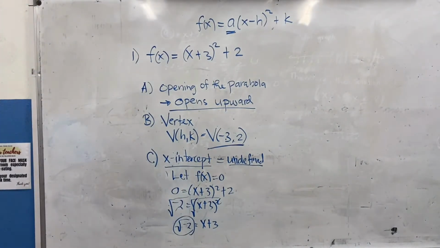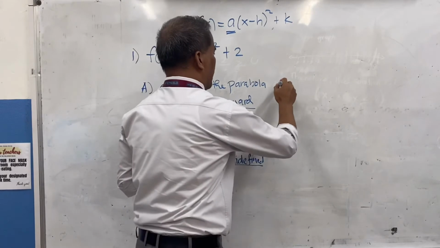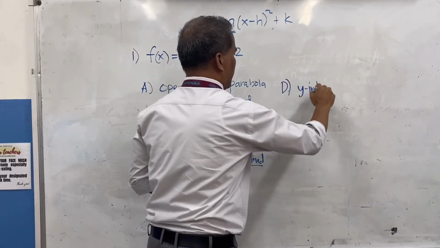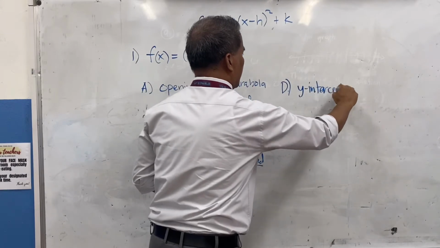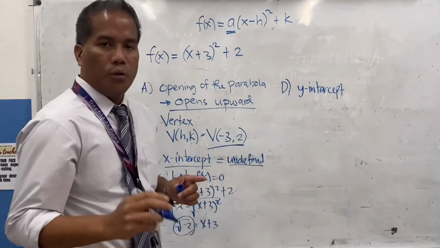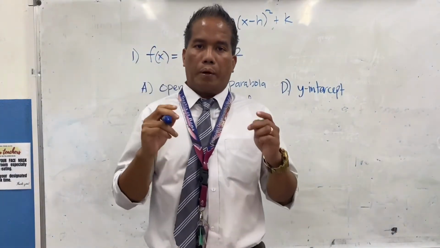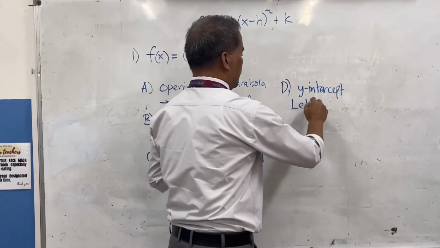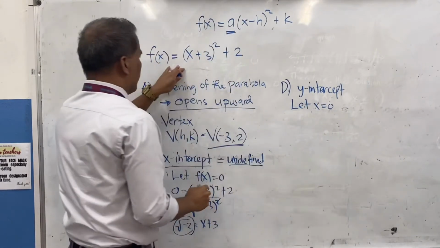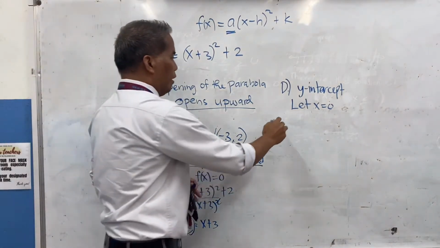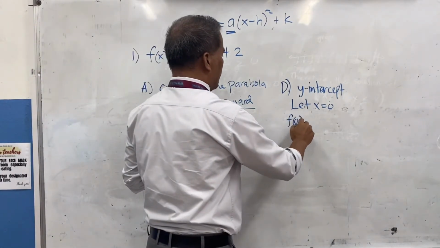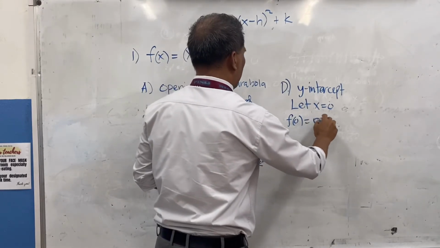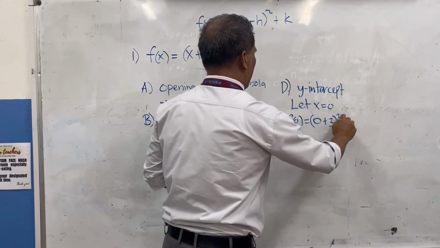Next, letter D, we are going to solve for the y-intercept. To find the y-intercept, we are going to let x equal 0. So from this quadratic function, we have now f of 0 is equals to 0 plus 3 squared plus 2.